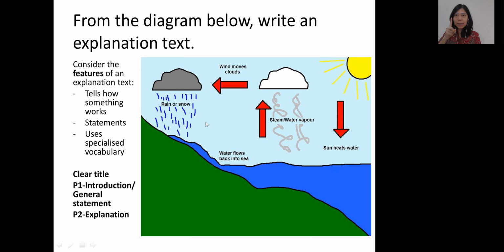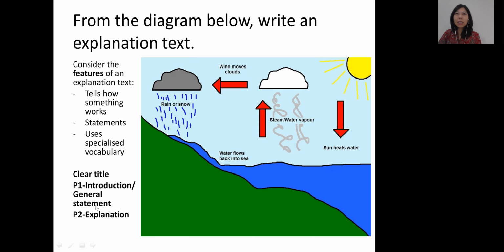But your practice now is to write an explanation text. And that means you will write a complete paragraph, complete text, okay? What you need is a clear title. The clear title is The Water Cycle. Next, you will write paragraph 1 by writing an introduction or general statement.